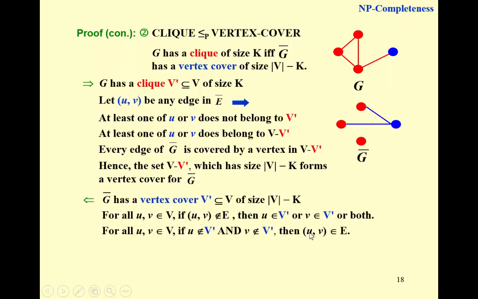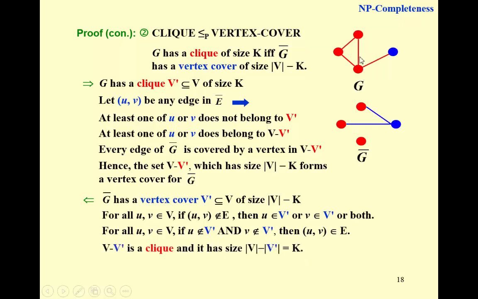We say if this edge is blue, then one of the vertices must be in V prime. If none of them are in this V prime, then this edge must be red. Get it? And if a vertex is not in V prime, then its color must be red, which means for all those red vertices, there must be an edge which is colored red.